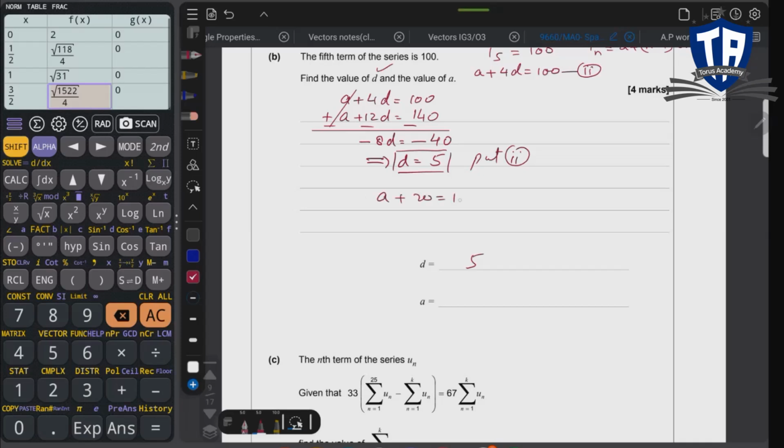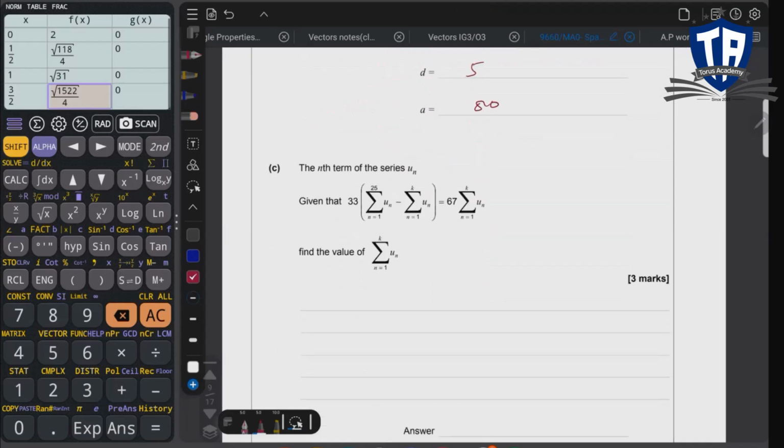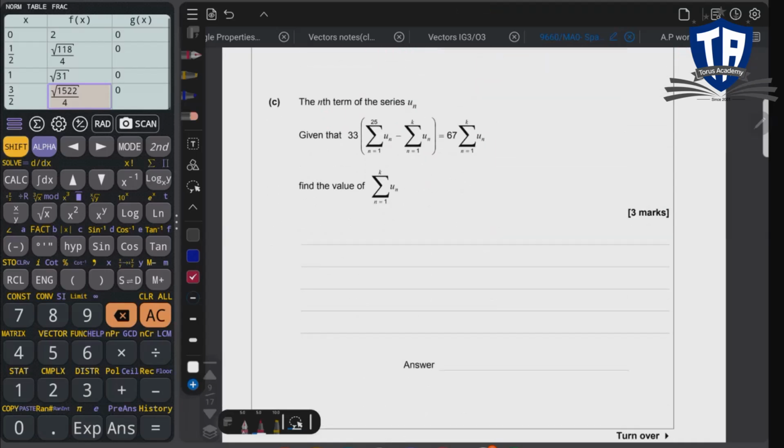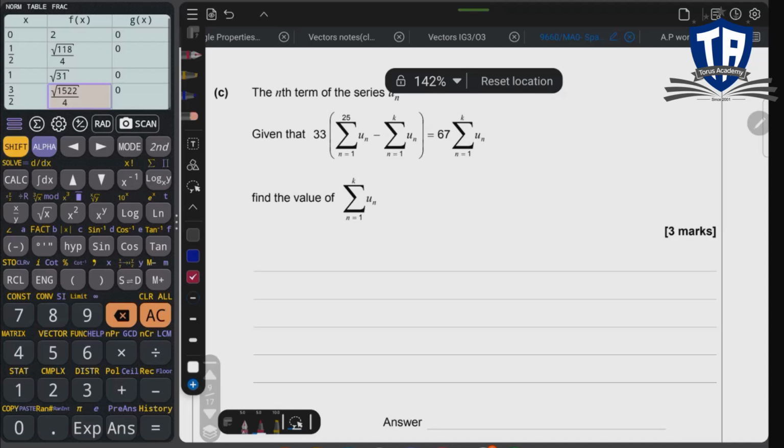Question number 7c. The nth term of the series is given by this equation. We need to find the value of the summation, where n varies from 1 to k, of the nth term. This is what we need to find. And this summation is present in two places of this equation. Okay, let's solve it.